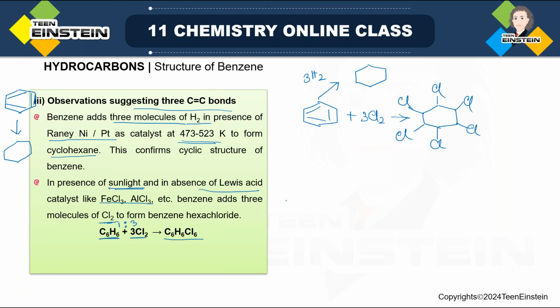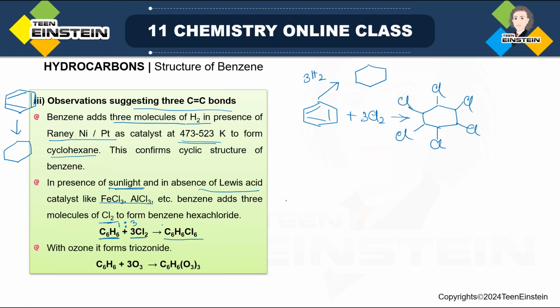So under normal condition, when the reaction condition is not very drastic, there is no addition reaction, only substitution. But only when you are using some drastic or special condition, then these CC double bonds are broken and you get addition reactions. Okay, try to understand the difference. Under normal condition, no addition reaction, only substitution. But if you are using drastic condition, you can get addition reaction, as you can see in these 2 examples.